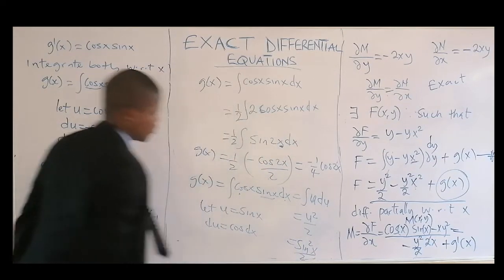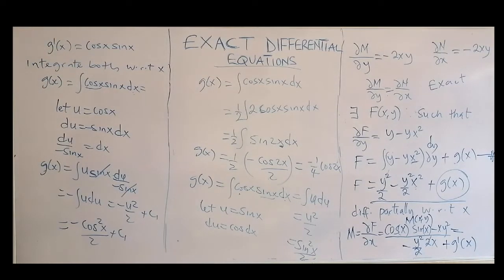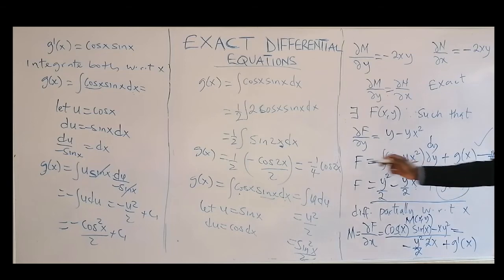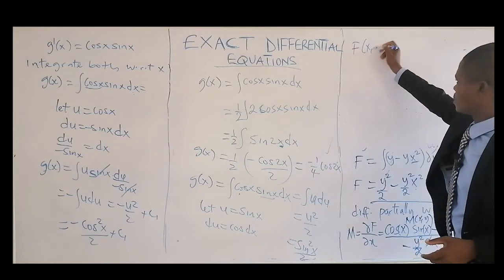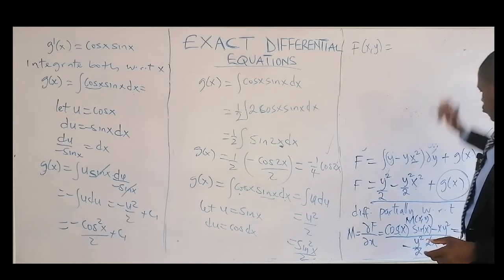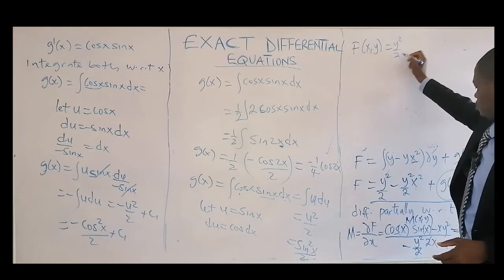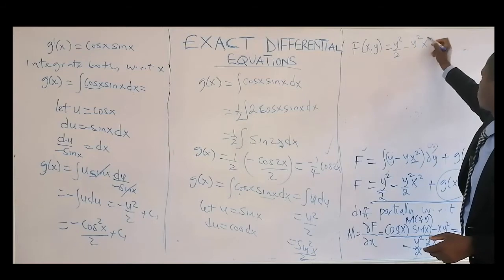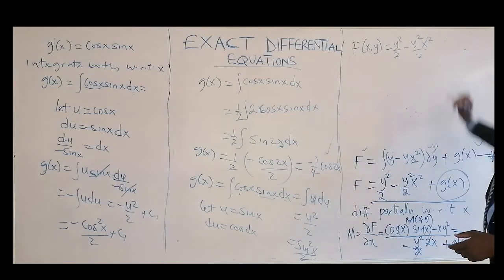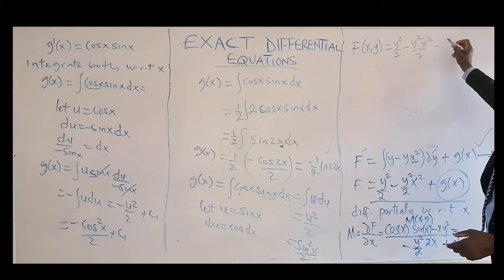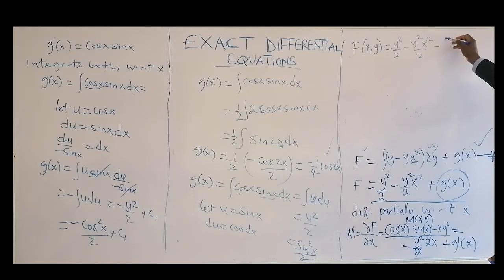So what we need to do now is go back and substitute to the g of x. Your f of y is y squared over 2 minus x squared over 2, and g of x, which is minus 1 over 4 cos 2x.